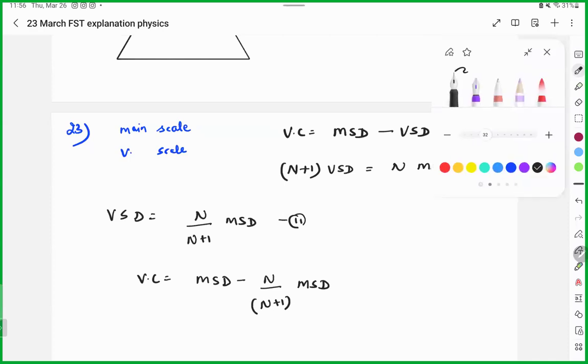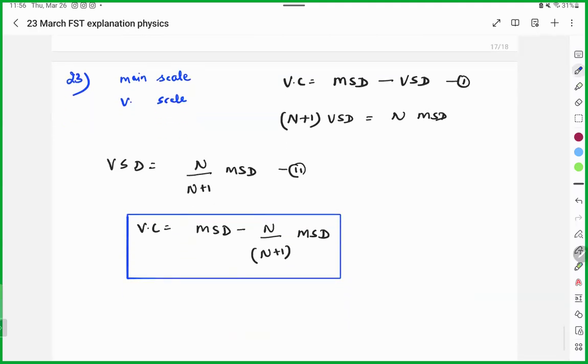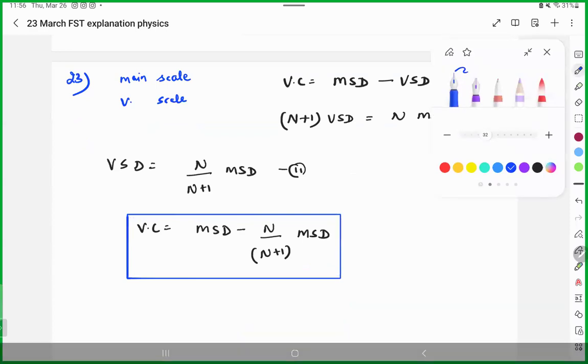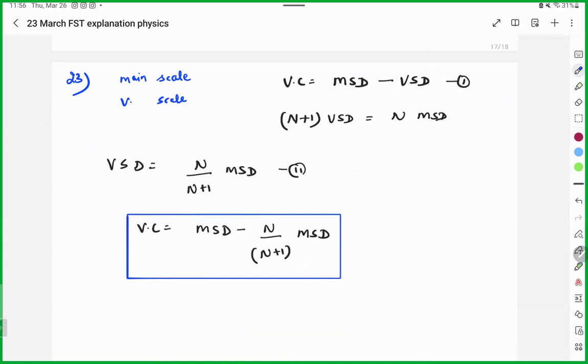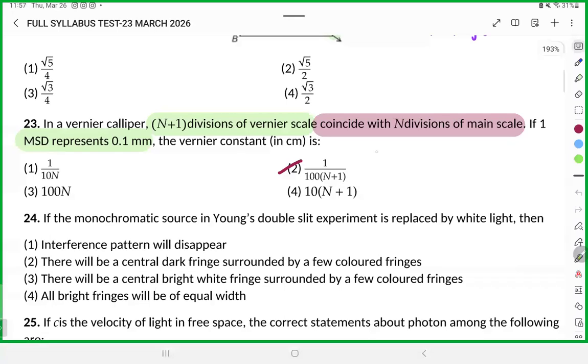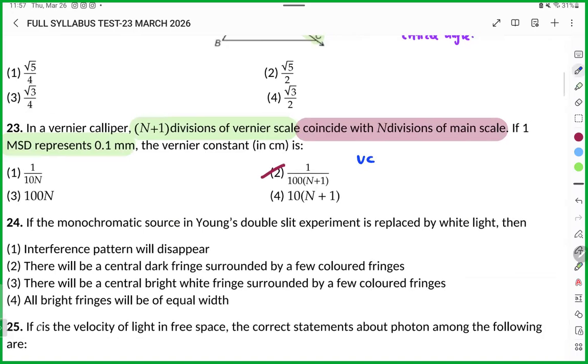So this is the vernier caliper main value। Now you can put just values and get the answer। How? See, if you put the value there in the question, vernier caliper value is equal to main scale value minus n by n plus 1 main scale division, correct?